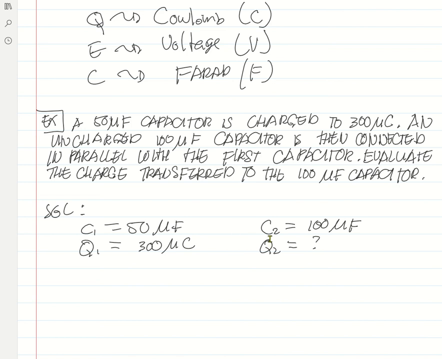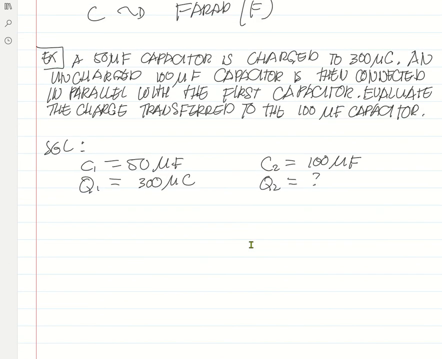So let's recall, what is the relationship between Q, C, and the voltage across a capacitor? From our formula, the capacitance is Q all over the voltage. So if you solve for the charge, it is just equal to the product of the capacitance and the voltage.